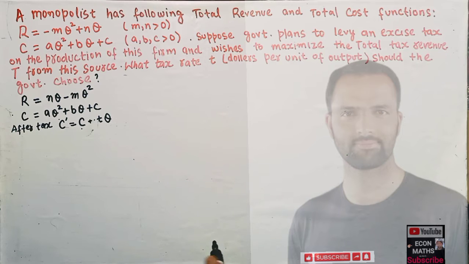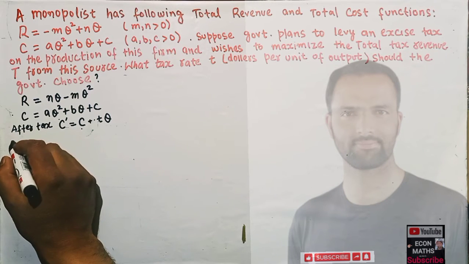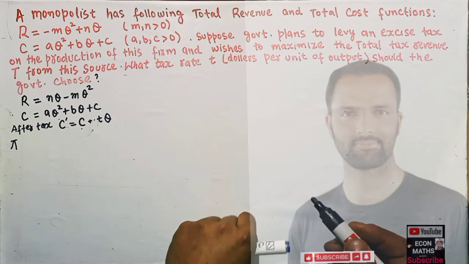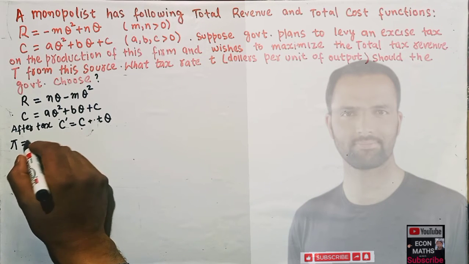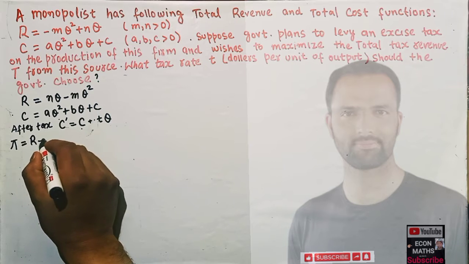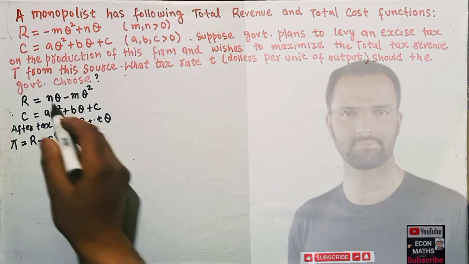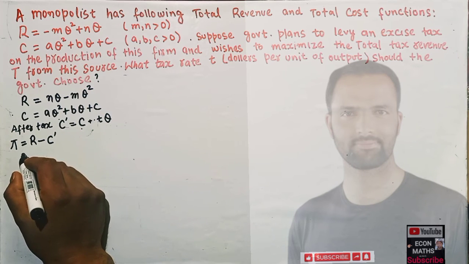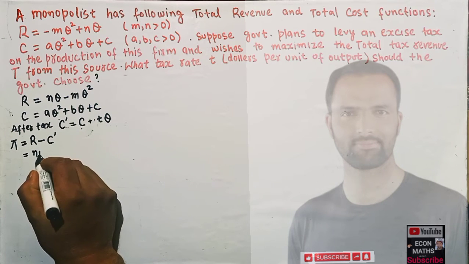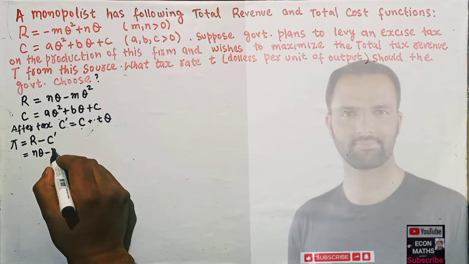Now what is the profit function? Profit is simply total revenue minus the cost after the imposition of tax. Our revenue function is nQ minus mQ².